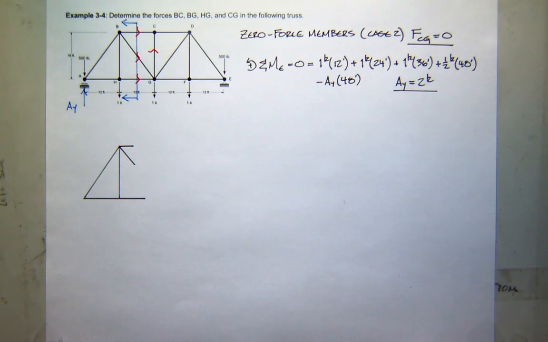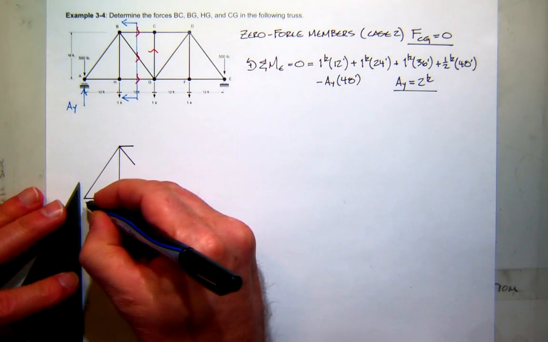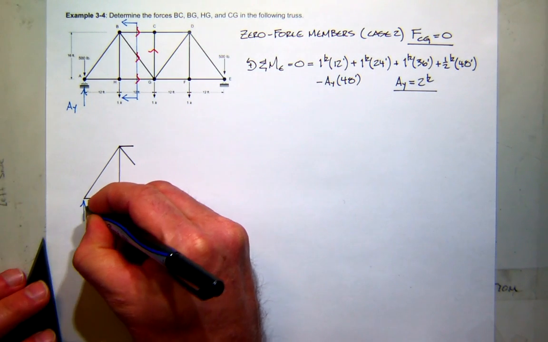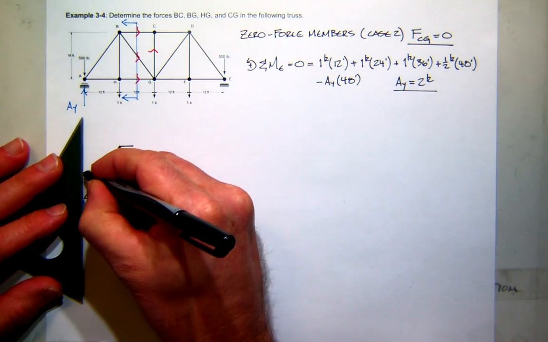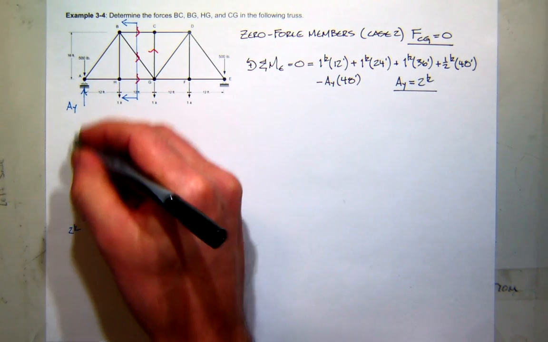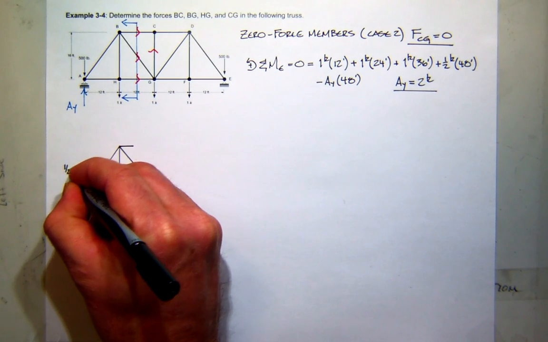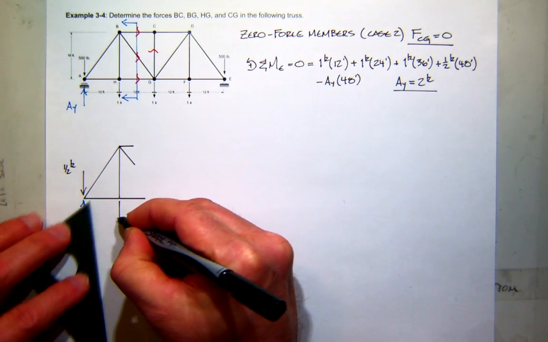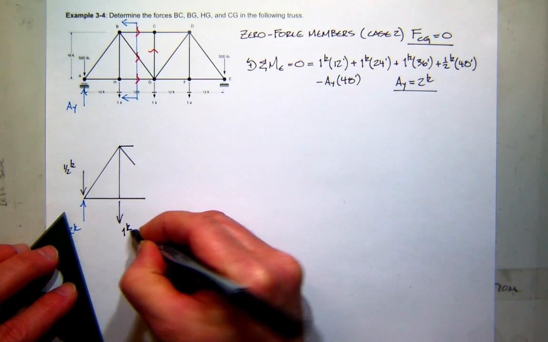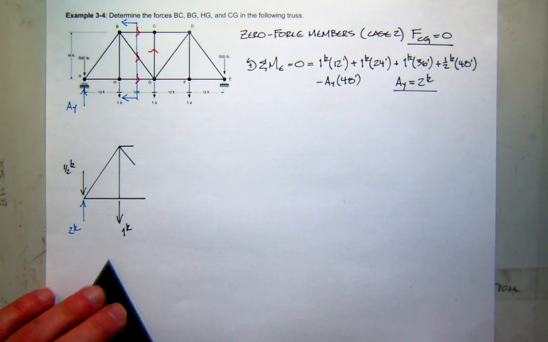So on that free body, I'm going to put my reaction force, which is up, of 2 kips. I have the downward force here of 500 pounds, which is half a kip. At H, I have a 1 kip force down. And that's it for forces.